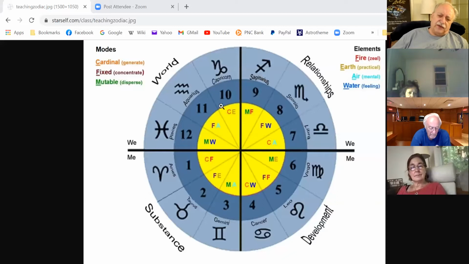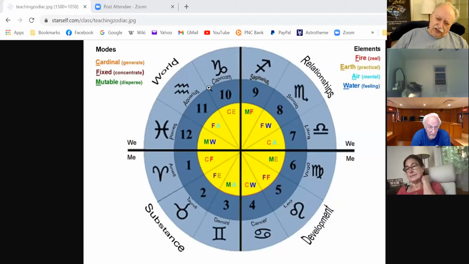But even then, it's not going to be a picnic because the Pluto return is happening in the United States chart, is happening right here. About 27 Capricorn. So the Pluto return in February, coming to you this February.